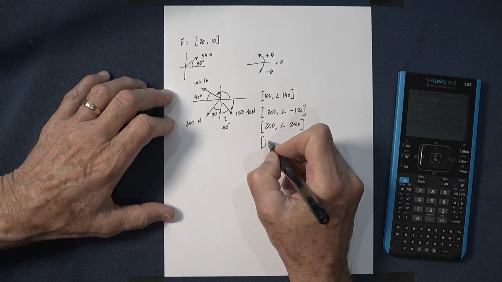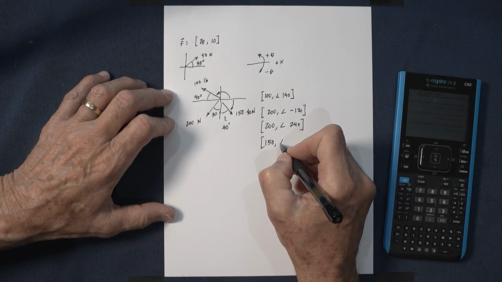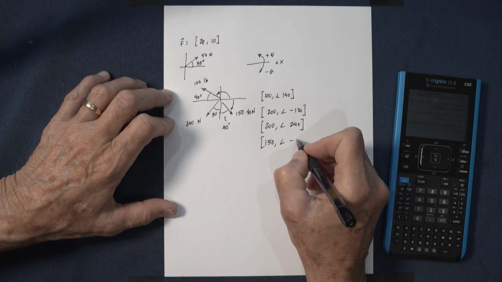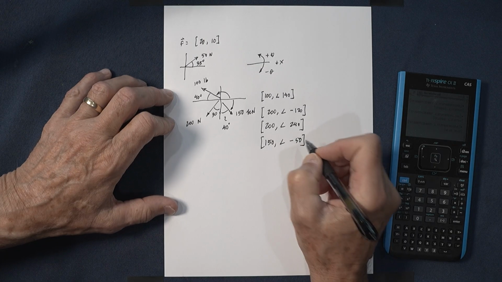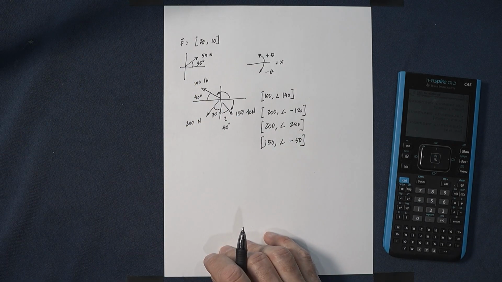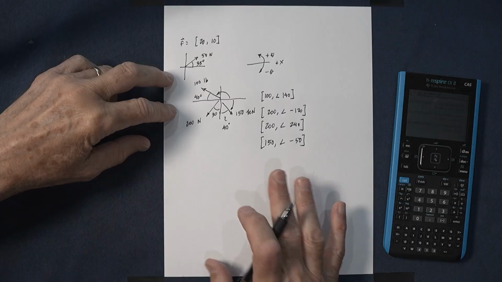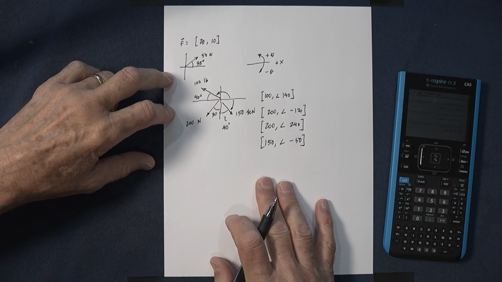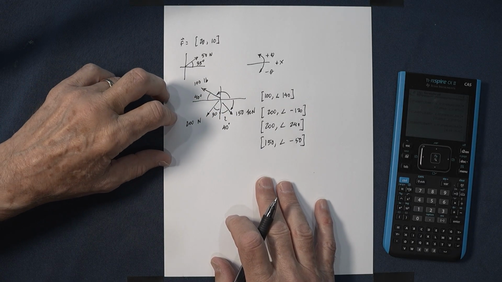So that's 150, comma, angle, negative 50 degrees. Many vectors are given in polar form, and the calculator lets you enter it directly that way.